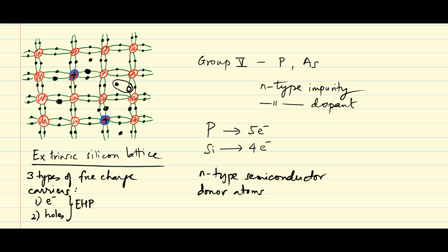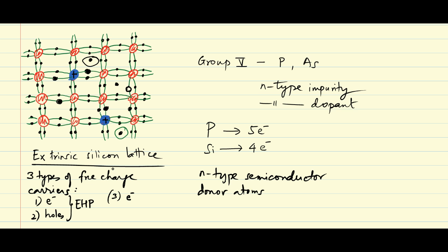And of course the third type of free charge carrier is the electrons which have been contributed by the n-type impurity. So of course we are talking about this electron which escapes from the phosphorus ion, and likewise we are talking about this electron.